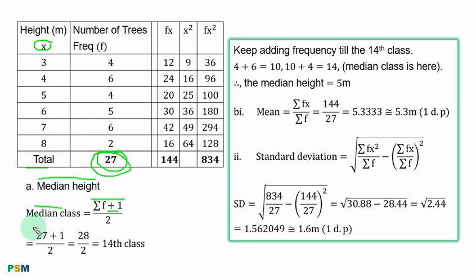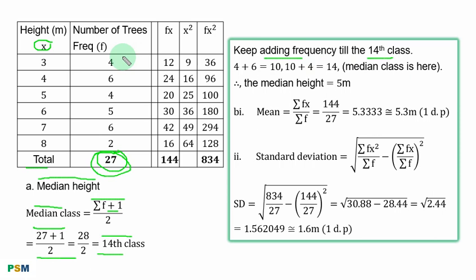So you have 27 plus 1 divided by 2, that is 28 over 2 equal to 14th class. This is where the median height would be found. To continue, keep adding frequency till the 14th class. You come here and add continuously until you get to 14.